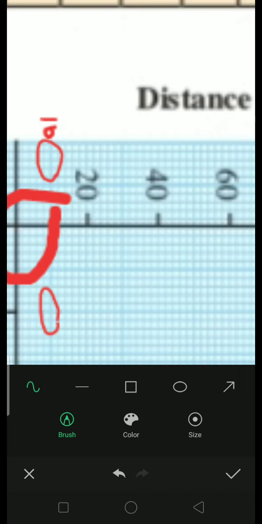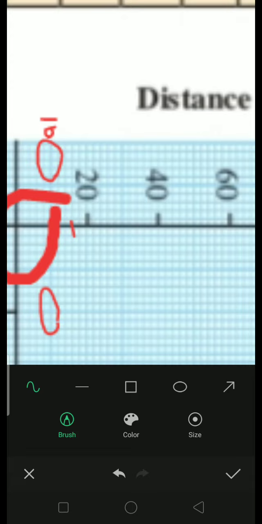Count 1, 2, 3, 4, 5. So exactly at 2.5 will be your 15. So 2 complete squares and the third one in the middle. So approximately you can get that mark somewhere over here in the middle. That is your 15.